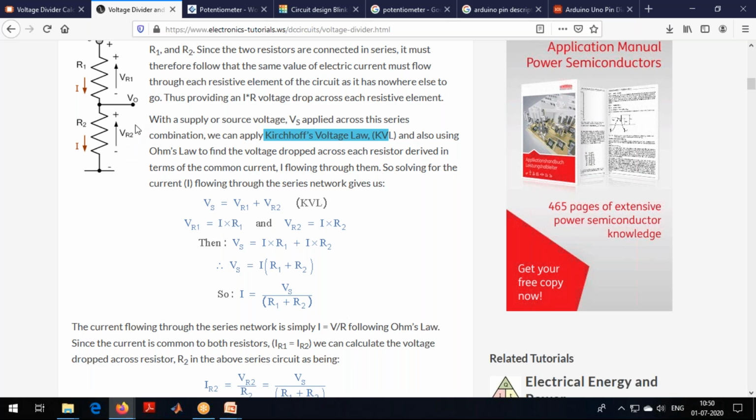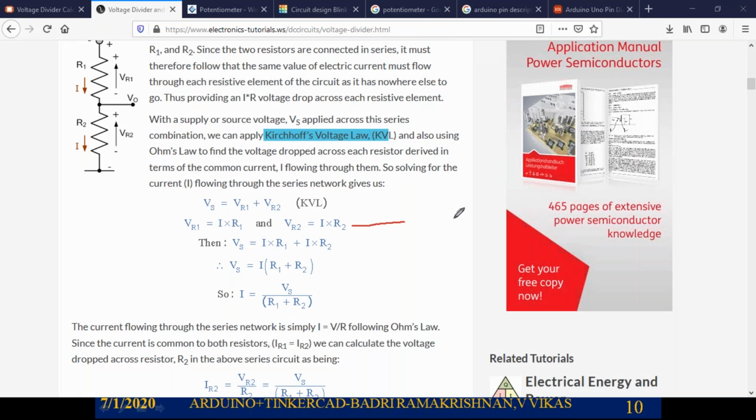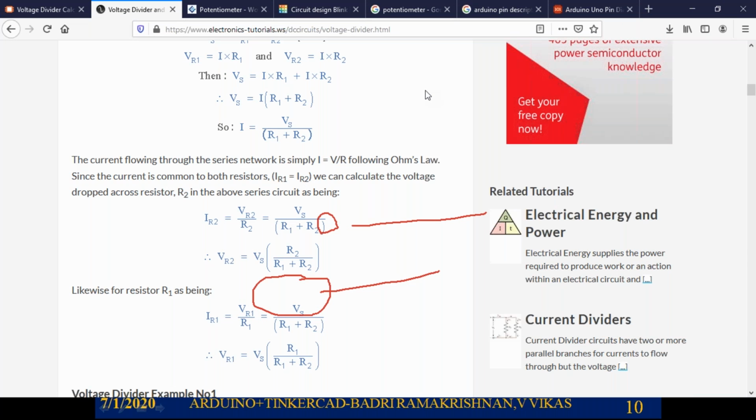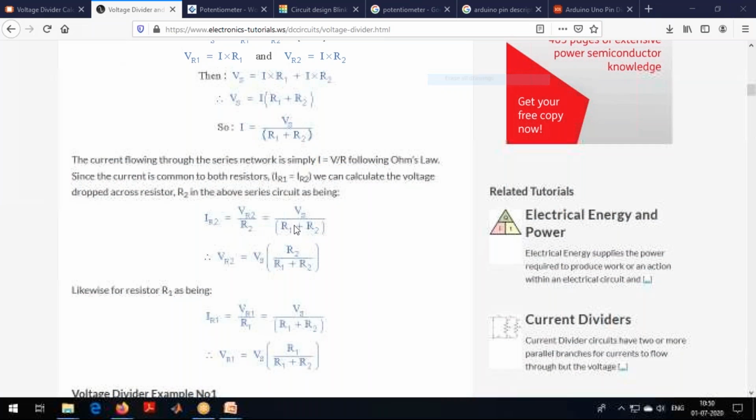If I want to find VR2, VR2 is nothing but I into R2, but I is Vs by (R1 plus R2). If I consider these two equations and substitute this value of I in this equation, I am going to get VR2 as Vs into R2 by (R1 plus R2).